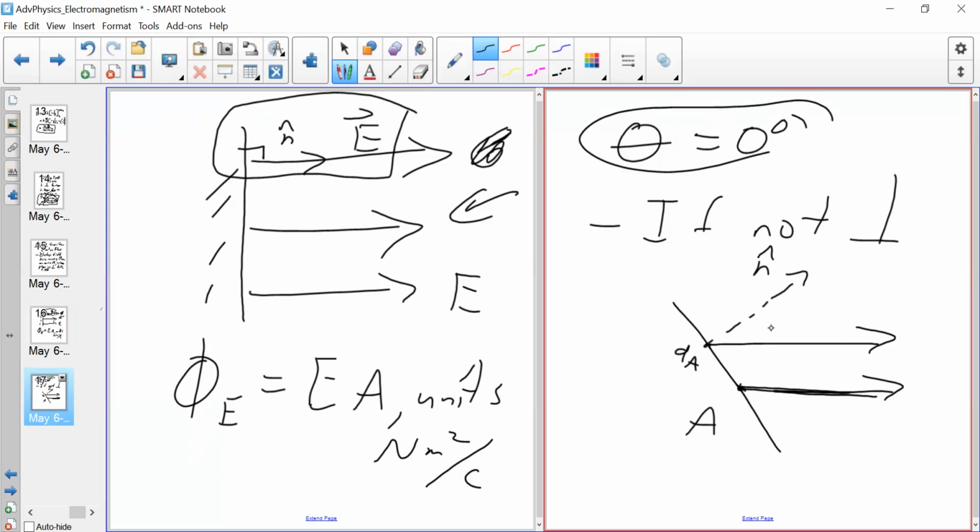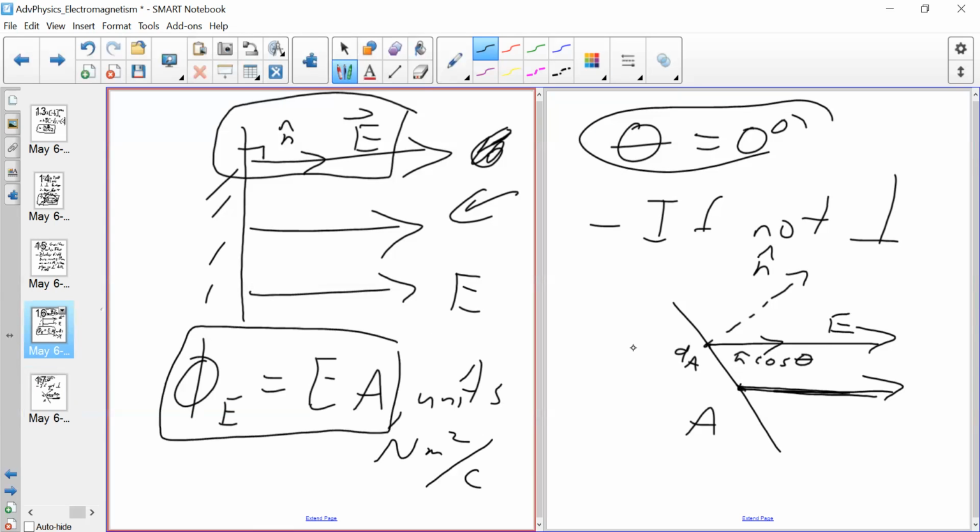So the part of N that is parallel to E is the cosine component. So we say E and N hat cosine theta. By definition, electric flux is E times A, so we don't say E times N hat cosine theta for the electric flux.